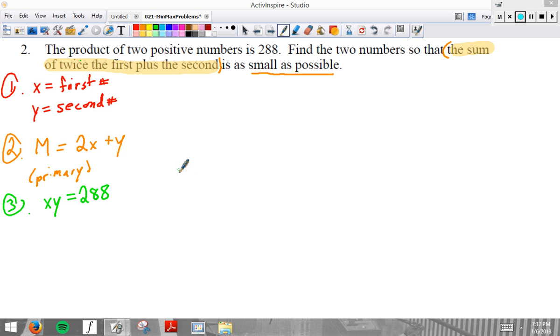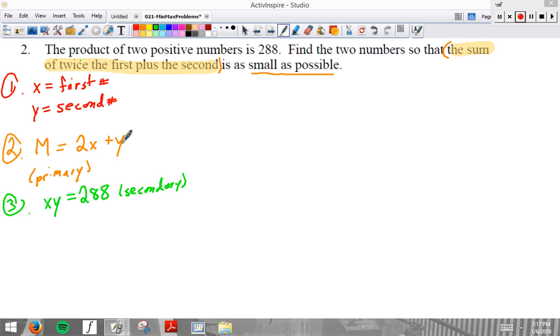Now we can think about what we want to solve for here. In this case, unlike the first one, it doesn't really matter. It's kind of easy peasy no matter what we do. Let's just keep everything with x for today. So we're going to replace y in this equation. We're going to look at our secondary equation and solve for y.